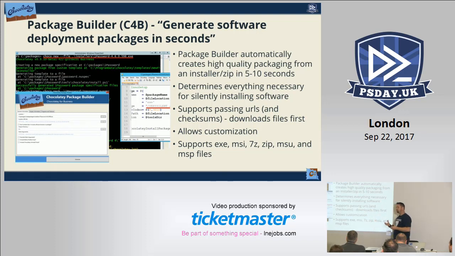For about 70% of the software out there, it can do that fully. For the stuff that it's not able to fully do, it can give you a to-do list. That to-do list is usually because it's a custom installer, like SQL Server, right? It's not going to create that XML file for you. So in the to-do list, you'll just have to figure that out, get it in there, and you'll be done.